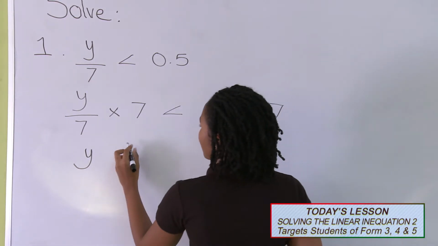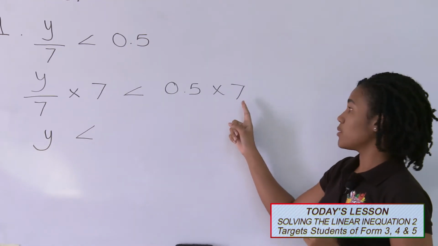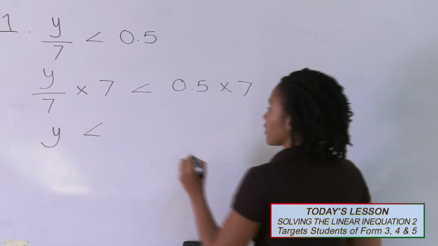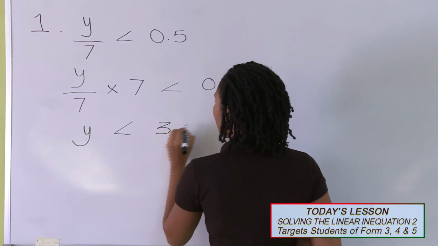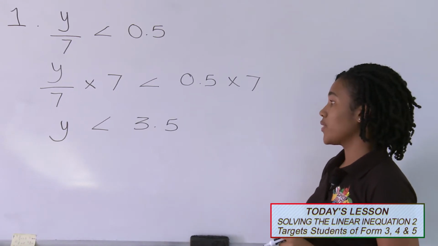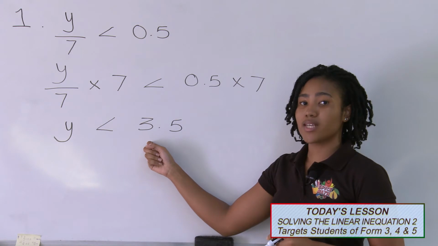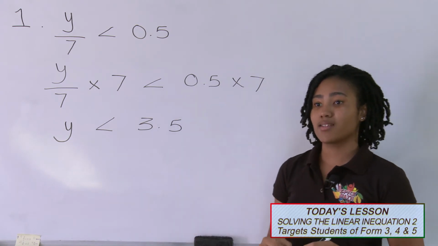So we have y is less than 0.5 multiplied by 7 gives us 3.5. Now remember I said we cannot leave our answer like this. We must represent it as a solution set.